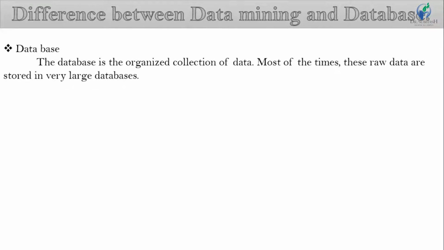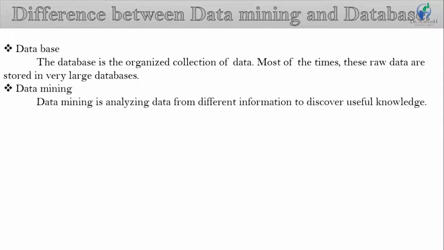First point: in a database, the database is the organized collection of data. Most of the time, this raw data is stored in a very large database. Now, data mining analyzes data from different sources to discover useful knowledge.